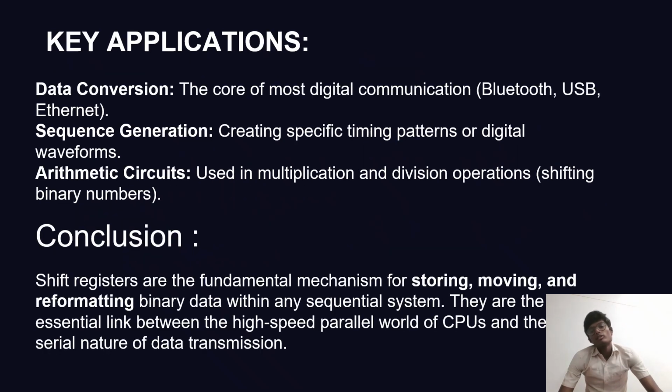Next, the key applications of the universal shift register: data conversion, sequence generation, and arithmetic circuits. First, data conversion is the core of most digital communications, for example Bluetooth, USB, and Ethernet. Sequence generation creates specific timing patterns or digital waveforms.